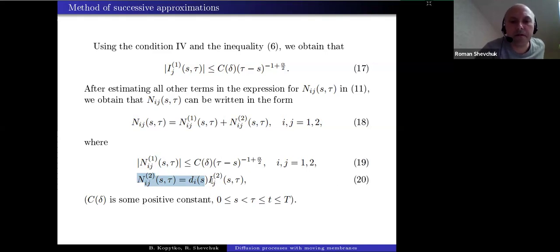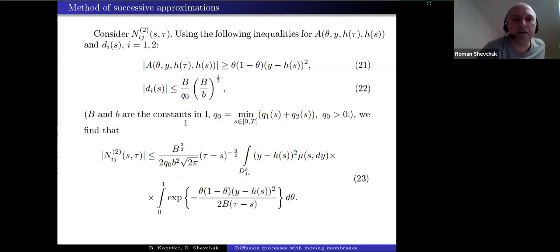The terms with this integral can be estimated using the simple inequalities 21 and 22, and we can construct estimate 23 for Nij2. Here it is.